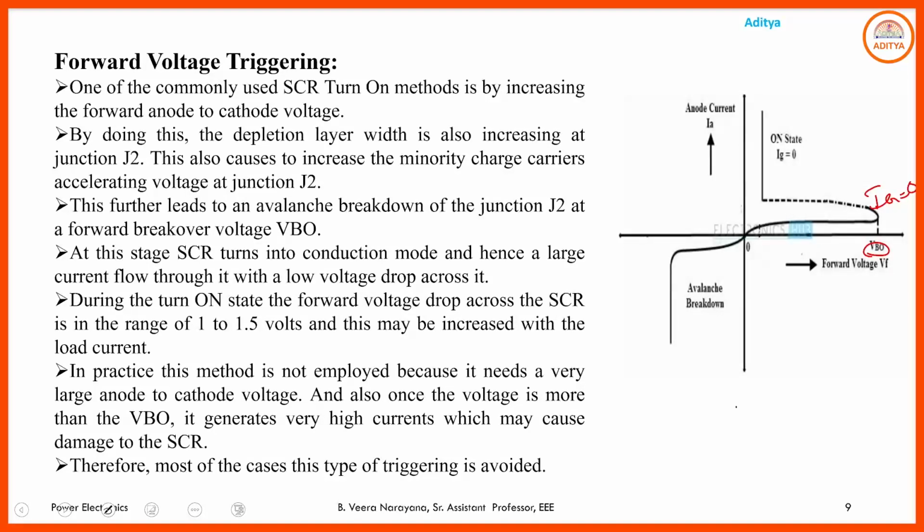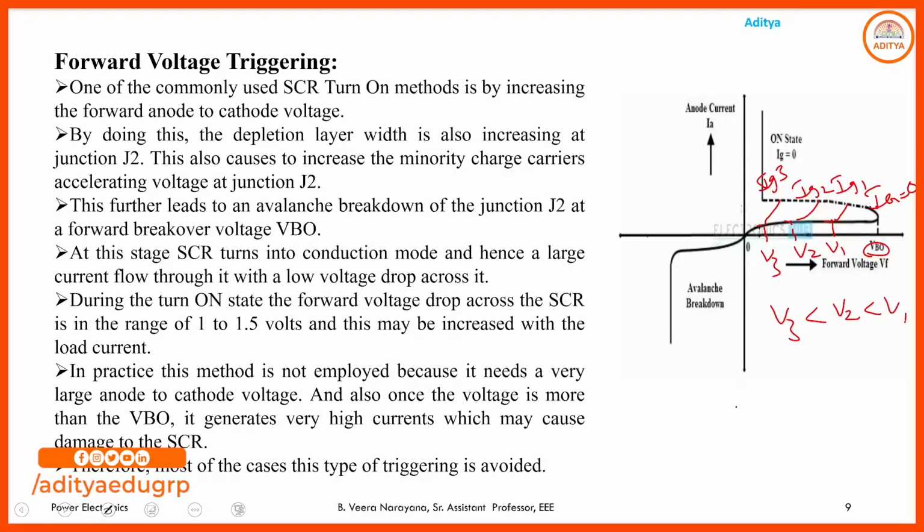If you increase the magnitude of the gate current, like this is Ig1, here it is Ig2, here it is Ig3, and here it is V1, V2, V3. Here V3 is less than V2, which is less than V1, corresponding to Ig3 being greater than Ig2, which is greater than Ig1. What does that mean?